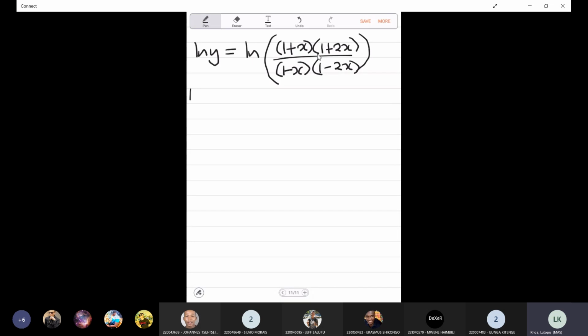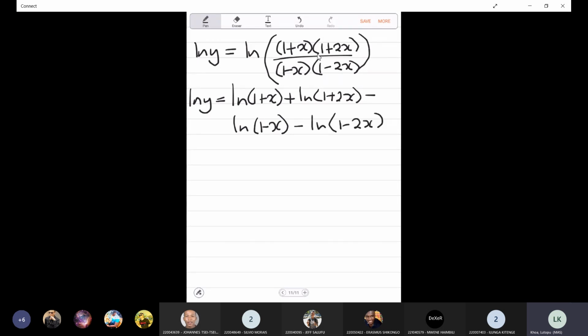So what I have, in fact, is ln of y equals ln of 1 plus x, plus ln of 1 plus 2x, minus ln of 1 minus x, minus ln of 1 minus 2x. So this is what we have, and differentiating this is certainly less time consuming than differentiating this using the product and quotient rule.